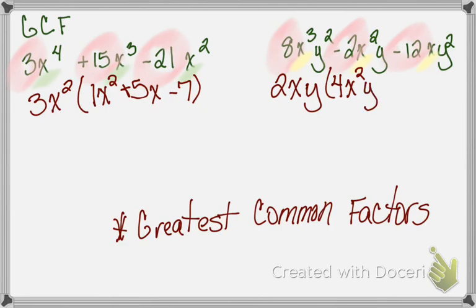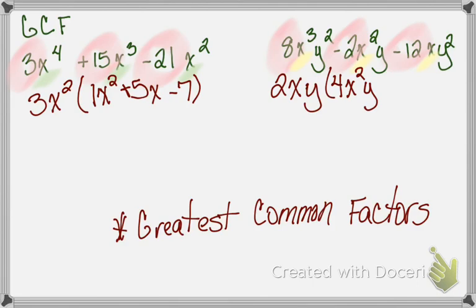I want you to think about them completely separate. In your brain, say 2 times what gives me 8? 4. 4 does. X times what gives me x to the third? X squared. Y times what gives me y squared?